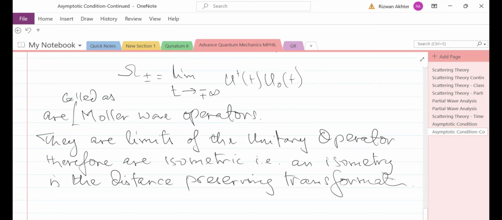And now this operator acting on any vector in the Hilbert space gives the actual state at t equals 0, or vice versa, because we are talking about an isometry.